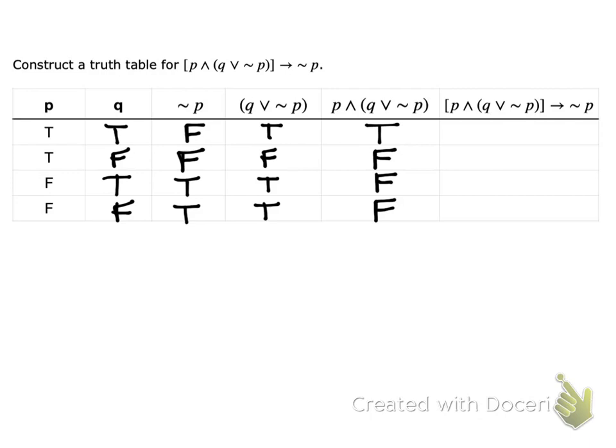Okay, now we're on to our conditional, which we know because of that arrow, right? So our antecedent, our hypothesis, is this column we just did. I'm going to put a 1 there. Our consequent or conclusion is not P. I'm going to put a 2 above that one.